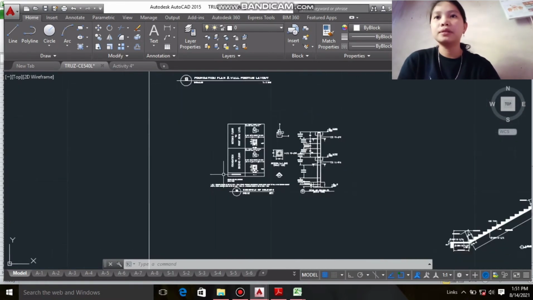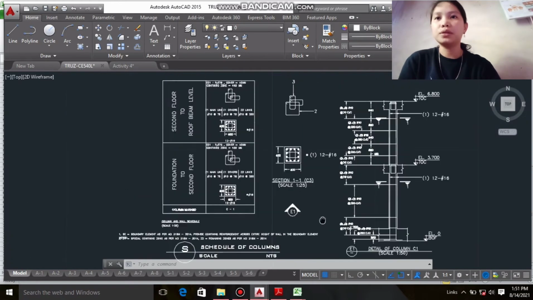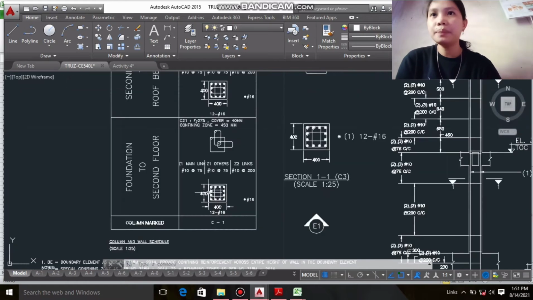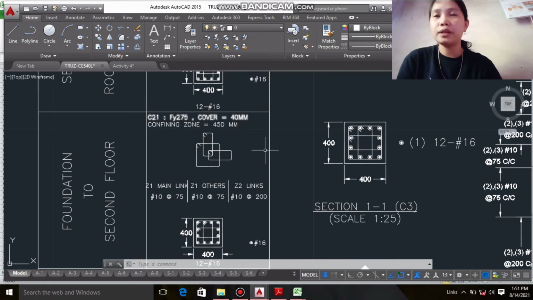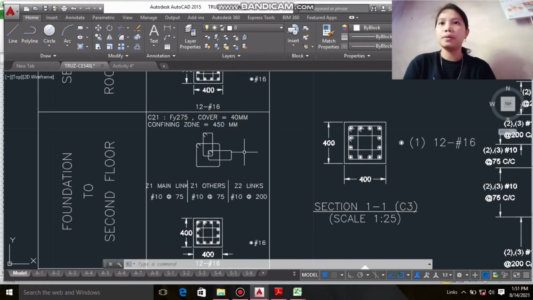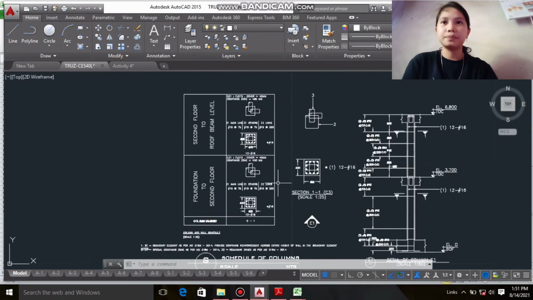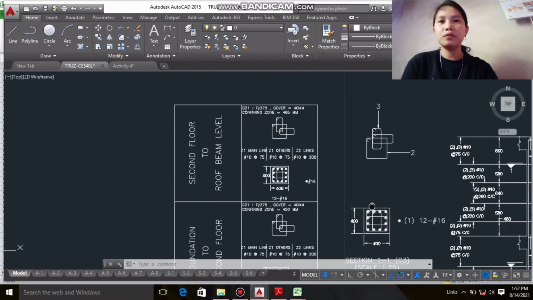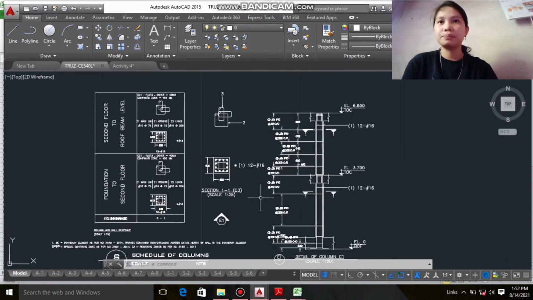And for the schedule of columns, 400 by 400 mm, and cover 40 mm, and confining zone 450 mm, and the yielding strength is 275 MPa. This one. The roof beam level is the same as the second floor, 400 by 400 mm.